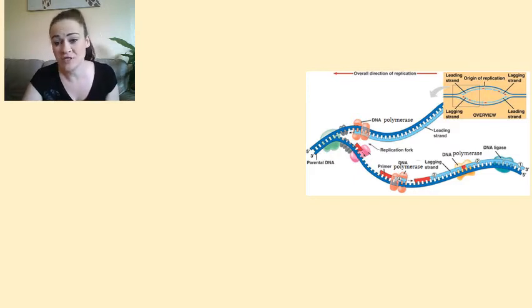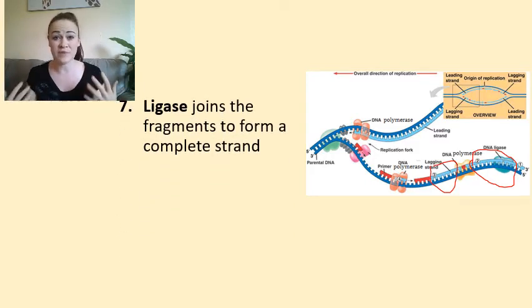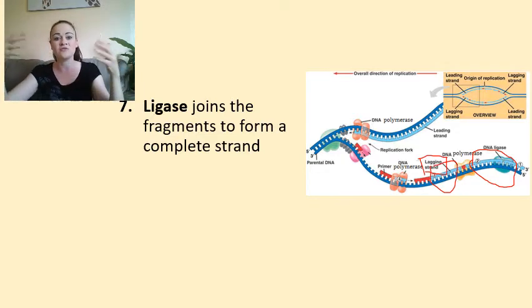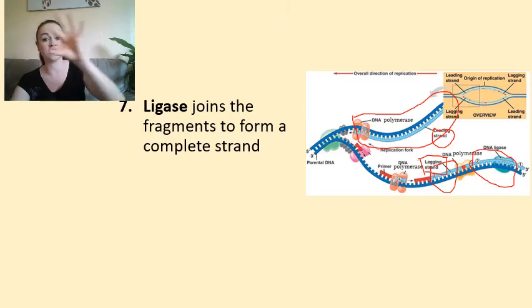And these chunks of DNA, if we look down here, we've got one chunk there, one chunk there. These chunks need to be glued together, and it's ligase, a special enzyme, that glues the chunks together. So on the lagging strand, again, more details to come soon, ligase joins fragments of DNA together to form a complete strand. Whereas on the leading strand, DNA polymerase can add the nucleotides on nice and smoothly, so there's no need for ligase because it's all just one continuous strip.